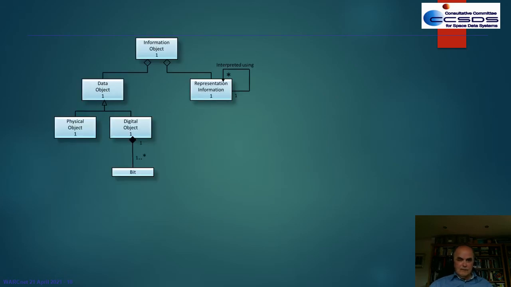What makes the OAIS information model so powerful is that most things are information encoded as data, either physical or digital. But this also applies to representation information.